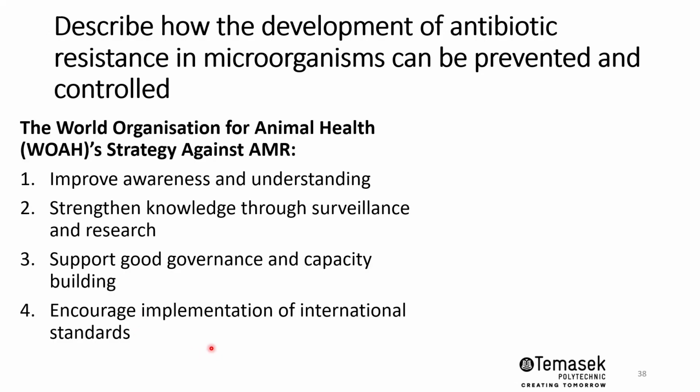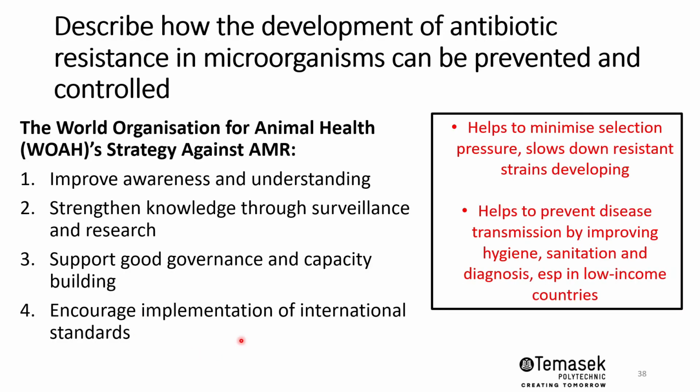All in all this helps to minimize selection pressure as well, slowing down resistant strains from emerging. Their measures work together so that you can preserve the efficacy of these life-saving antibiotics by reducing the need for antimicrobials and ensuring judicious or responsible use. This helps to prevent disease transmission as well.